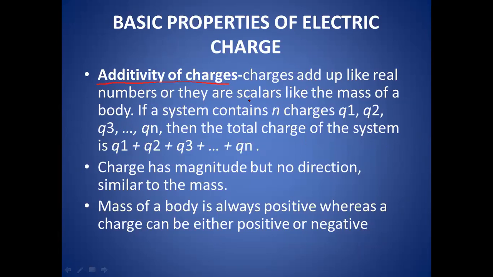As charge is a scalar quantity, and the mass of a body is also a scalar quantity, we can directly add them. If a system contains n charges, q1, q2, q3, up to qn, then the total charge will be q1 plus q2 plus and so on, because charge is a scalar quantity, so directly we can add it.